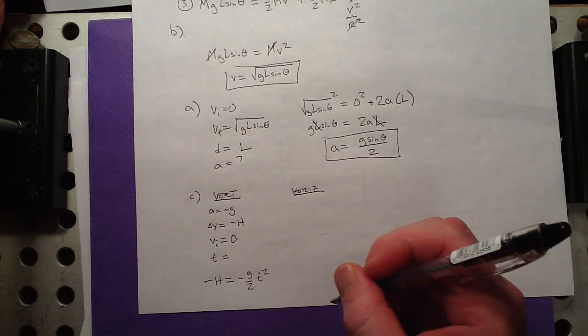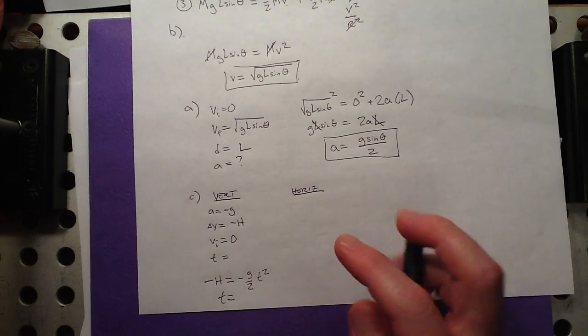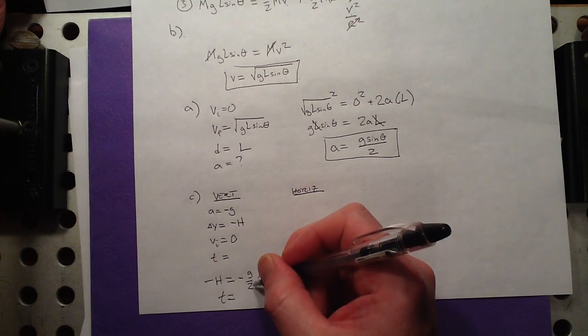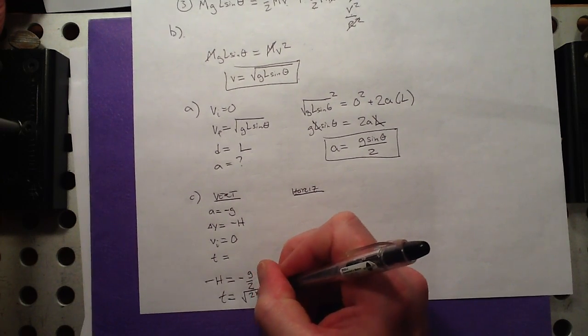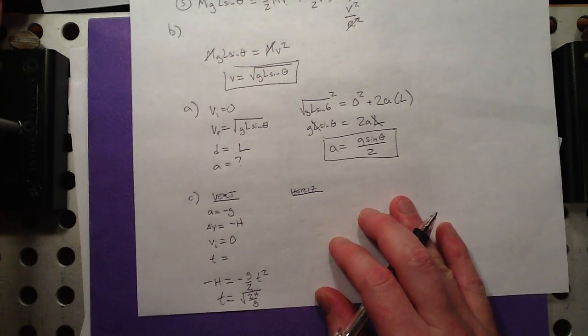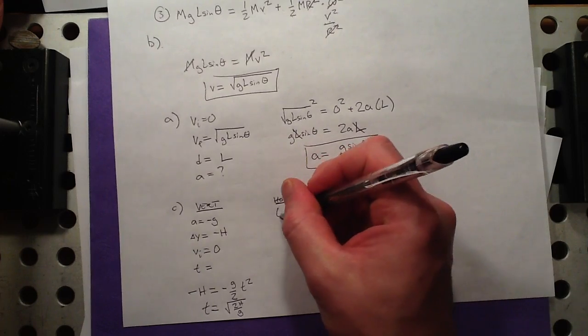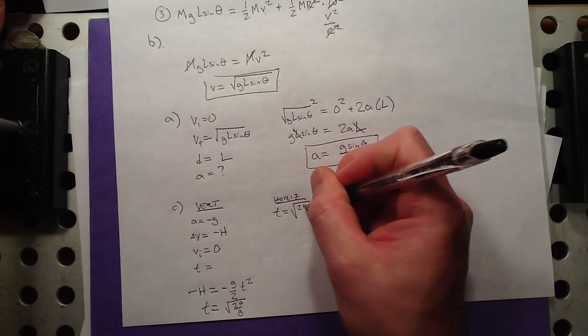So it looks like time is going to be equal to the square root of 2h over g. All right, and that is the same time. And hey, time is time, so when it hits, it hits.